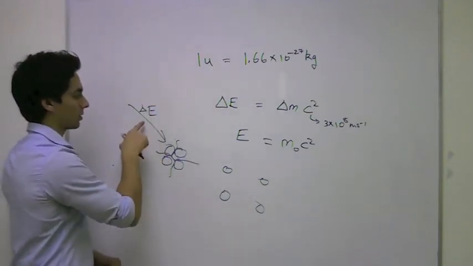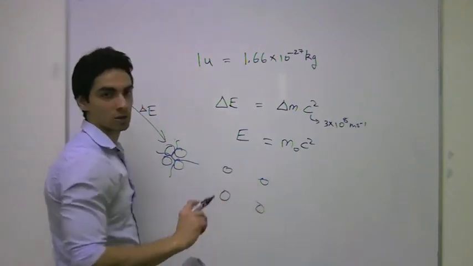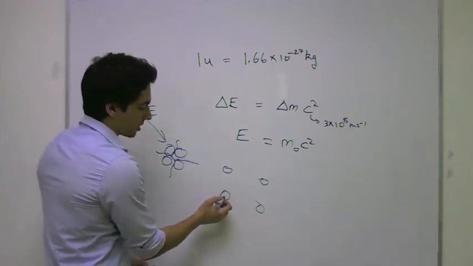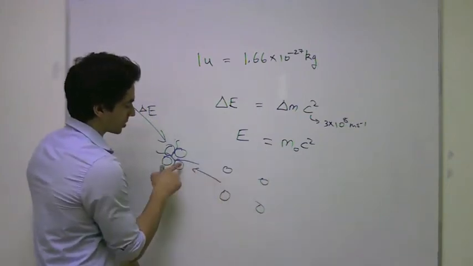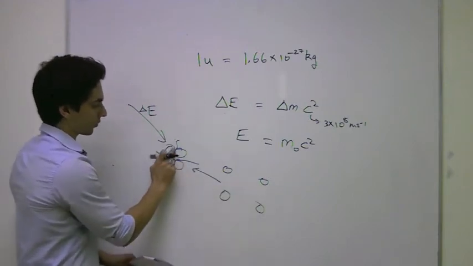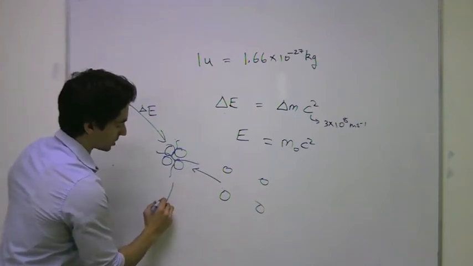This much energy must be fed in order to break it into its individual constituents. Now the converse is also true. If these individual constituents were to combine together to form a nucleus, there would be a certain amount of energy released.